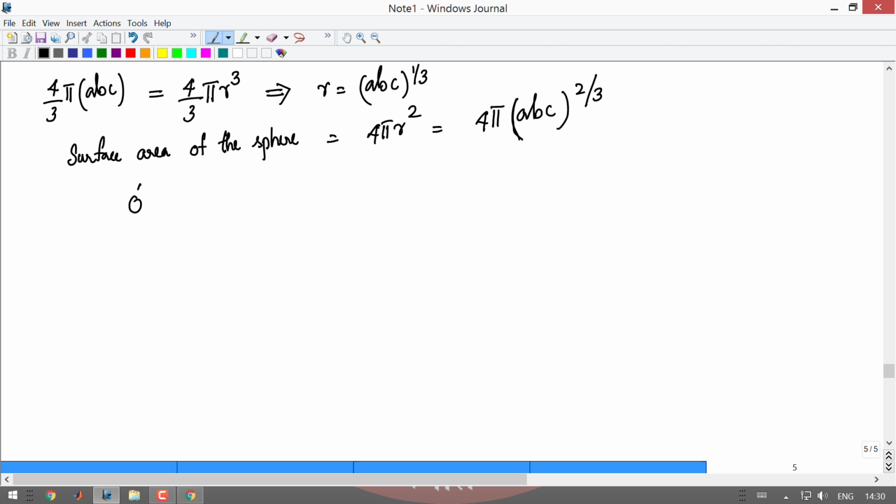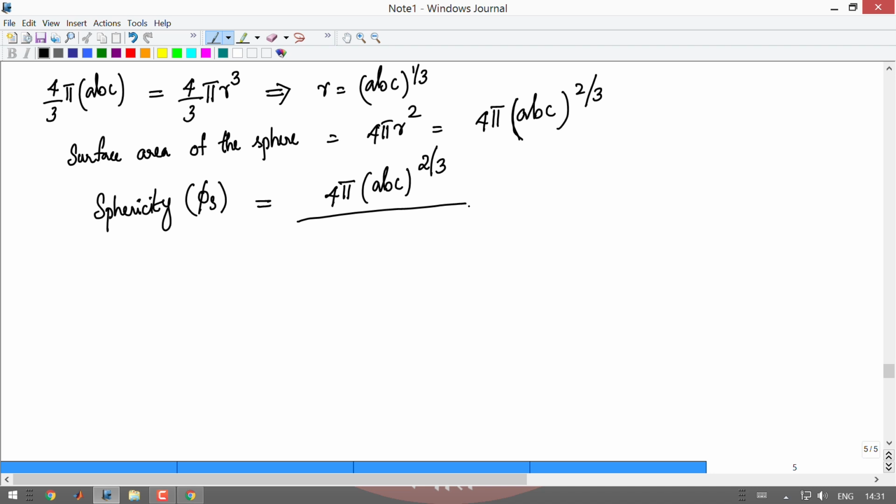Now if we write the expression for sphericity, which is usually expressed with phi s, it will be the surface area of the sphere, 4 pi times ABC to the power of 2 by 3, divided by the volume of the sphere, which is 4 by 3 pi r cube, but we know that it is the same as the ellipsoid, and we will use the volume of the ellipsoid, which is 4 by 3 times pi times ABC.